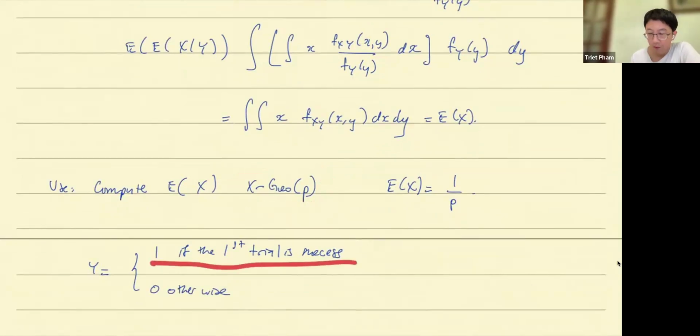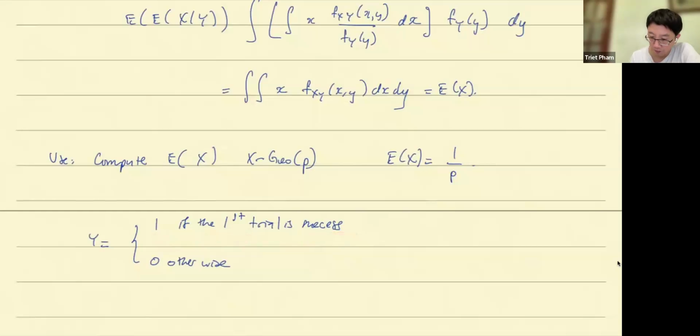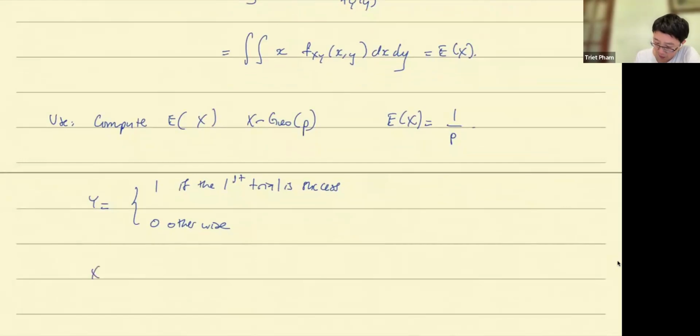And we'll look at the result of the first trial. So what is x conditional on y? x conditional on y equals 1 is clearly 1, because if the first trial is a success, the number of trials to see the first success is 1.